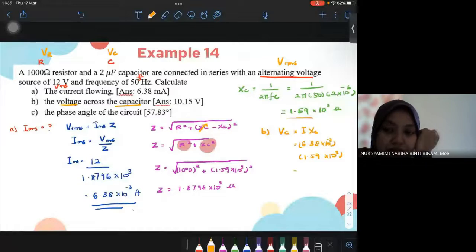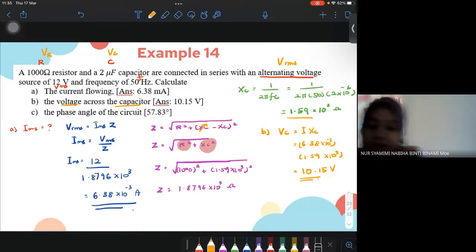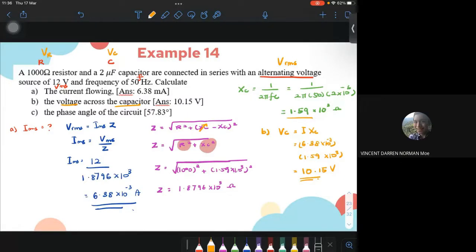So berapakah V across capacitor? .15. Okay, that's the same answer as mine. Slightly sama, but yes, madam.